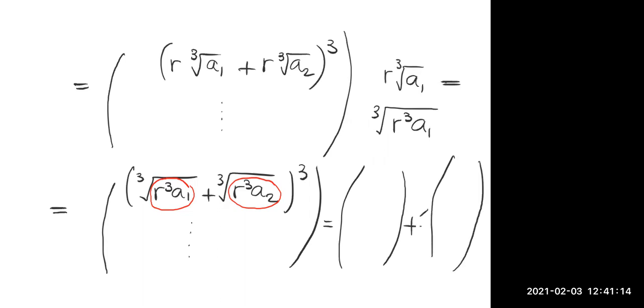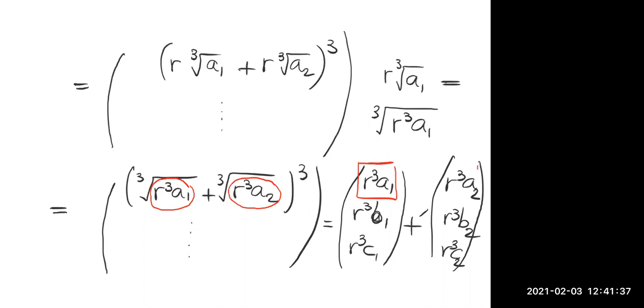This is what we defined as addition of these two vectors: r cubed a1, r cubed a2, r cubed b1, r cubed b2, r cubed c1, r cubed c2. Because we would look at the third root of the first one plus third root of the second one, and then we would raise it to the power 3.